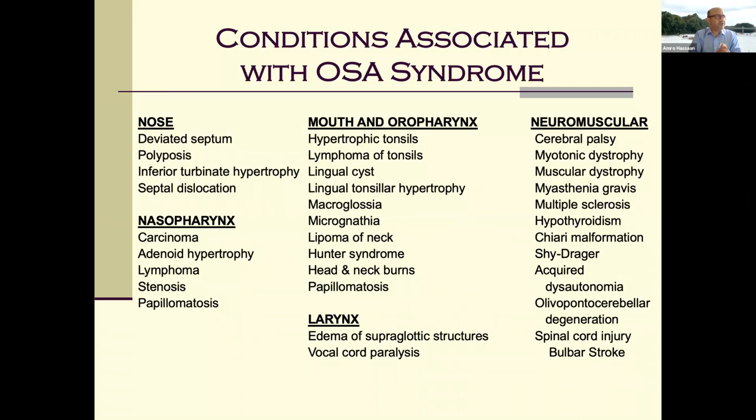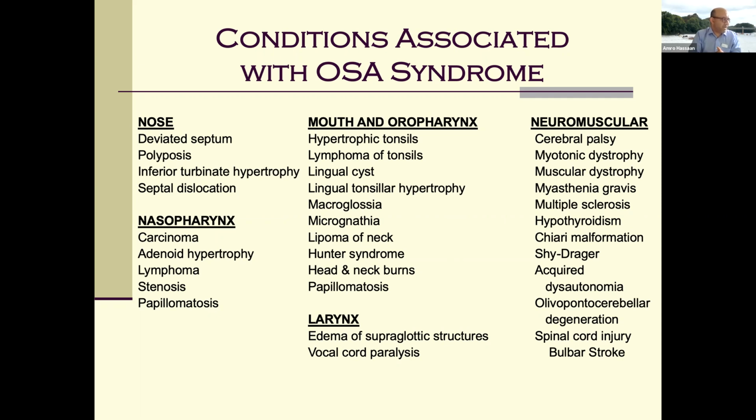Conditions associated with obstructive sleep apnea. Well, there's a lot. You can see them there. As an ENT surgeon, my concerns are the nose, the nasopharynx, the mouth, and the larynx. But let's not forget that there are neuromuscular causes such as cerebral palsy, myotonic dystrophy, myasthenia, multiple sclerosis, and the rest as you see them there.